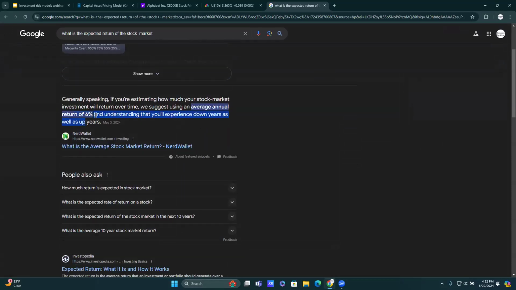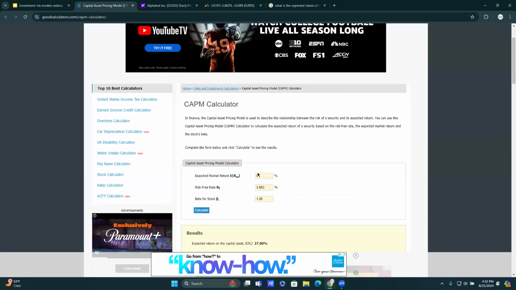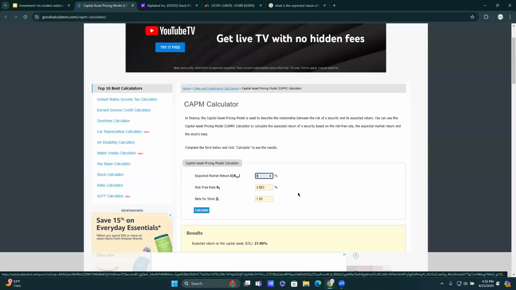And looks like they have it around 6%. That's the expected return of the whole market. So we're going to put that there.